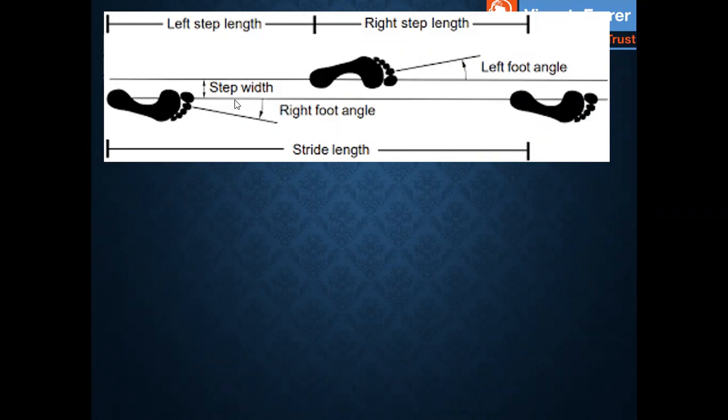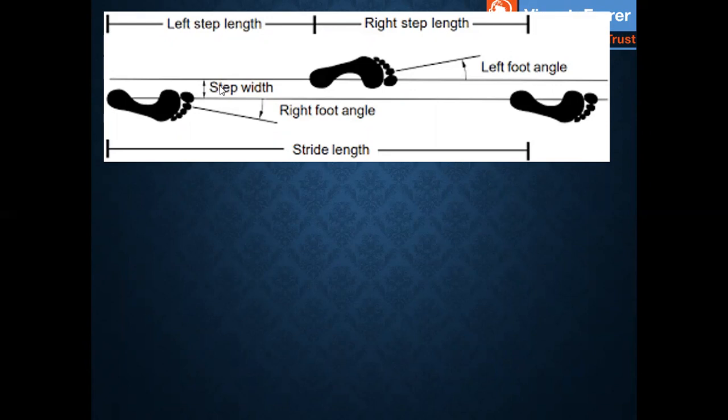Let us know a few terminologies in gait analysis. There are step width, step length, and stride length. Step width is the distance between the two feet. So this is the step width.